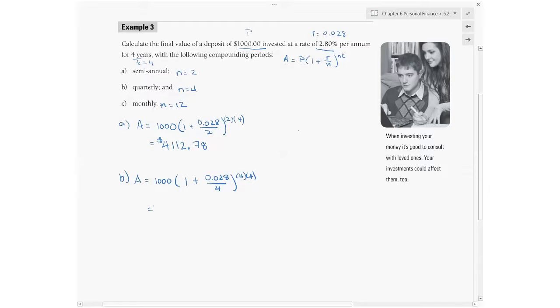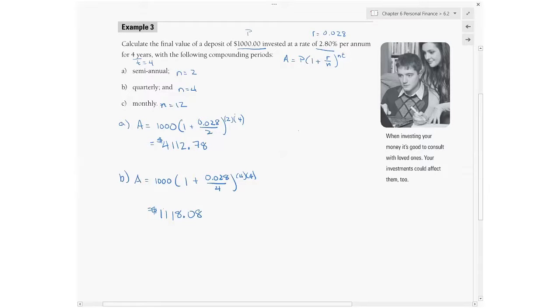So 1,000 times 1 plus 0.028 divided by 4, all to the power of 16. And I definitely messed something up there, so I'm going to have to go back and change it. $1,118.08. I think I forgot to use brackets up here and put in 2 times 4 instead of 8.